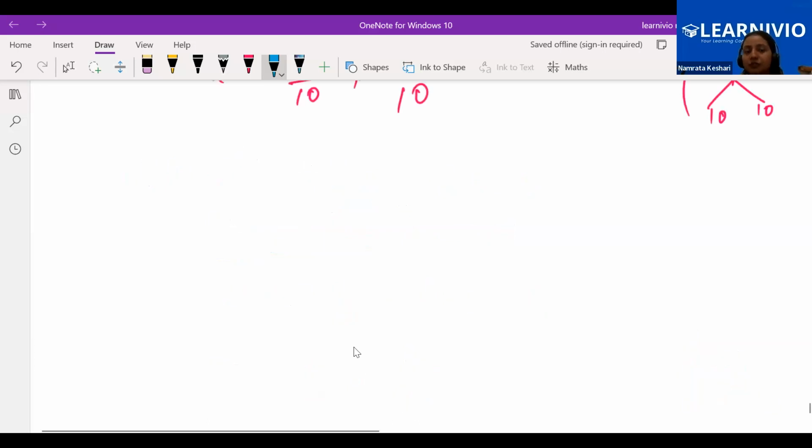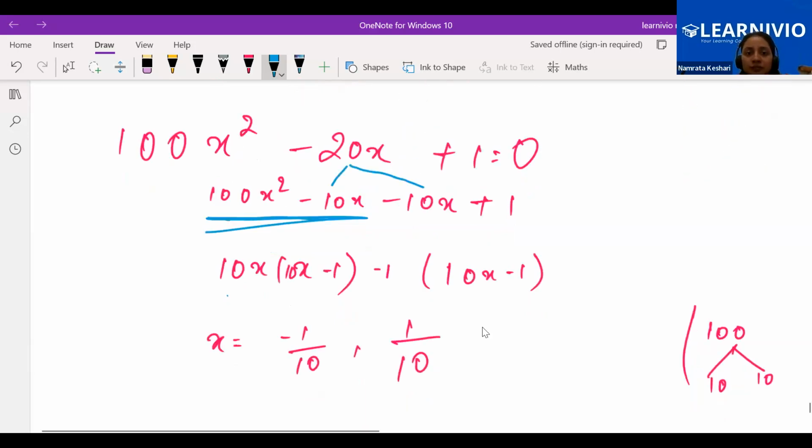What have you written in your copybook? If we take 10x as the common, we get 10x minus 1.